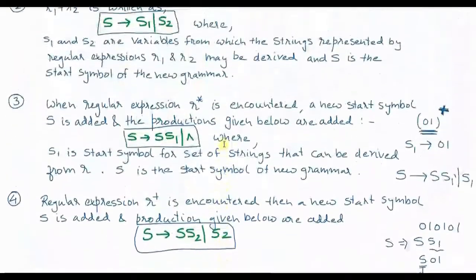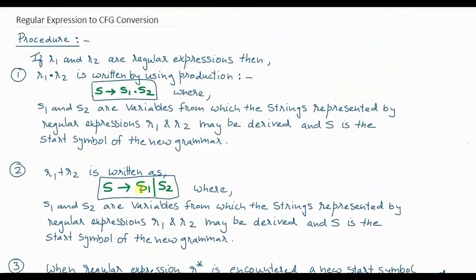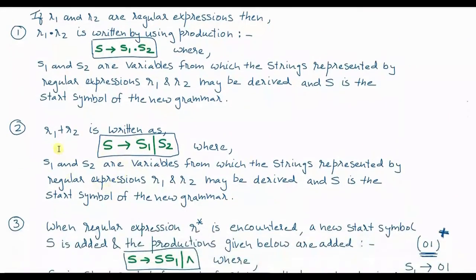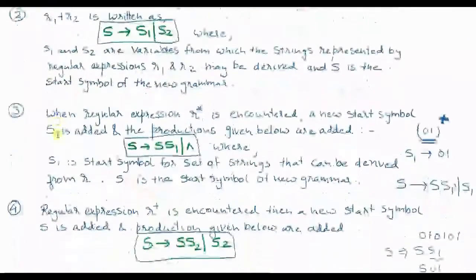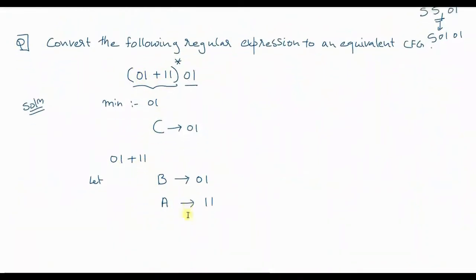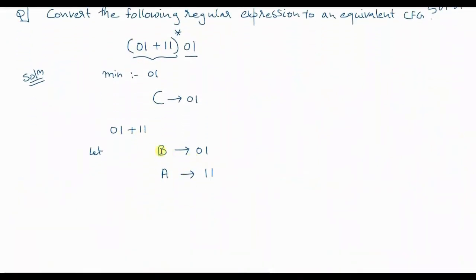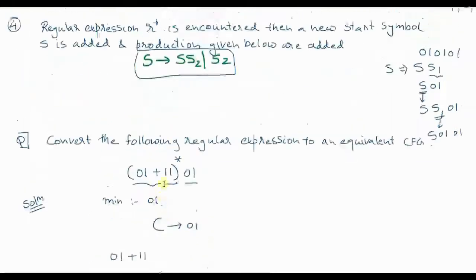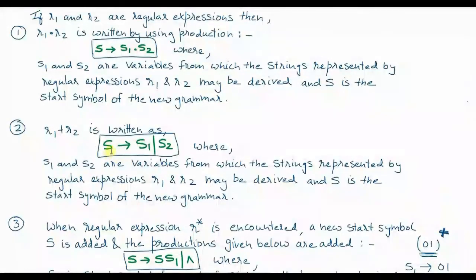So using this particular second rule, R1 plus R2. I have just told you for the regular expression R1, that is 0, 1, the B production is written, and for the regular expression 1, 1, the A production is written. So we already have S1 and S2 for R1 and R2, and then we only have to say plus means S gives S1 or S2.